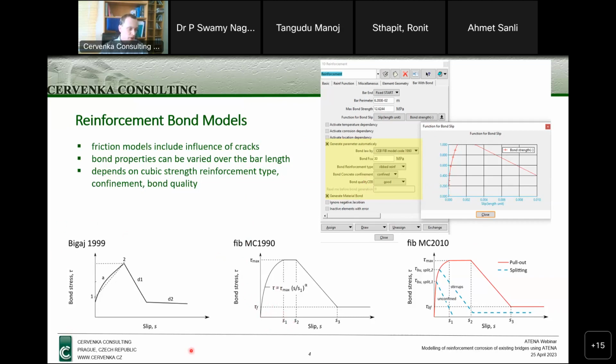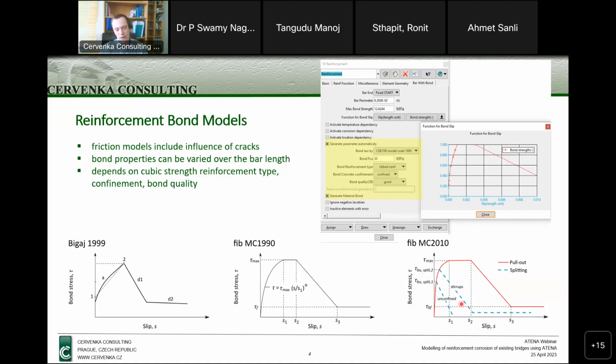Currently, there are three different libraries of the bond slip law available, according to three different studies.